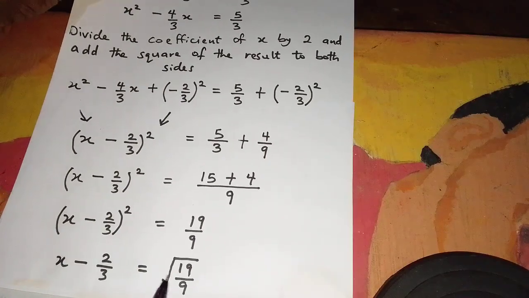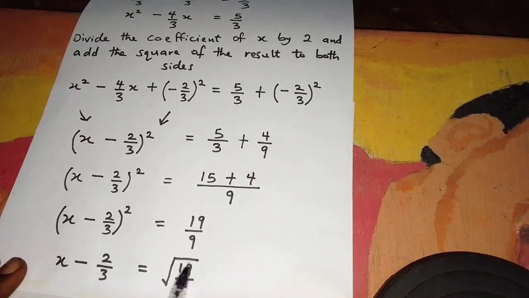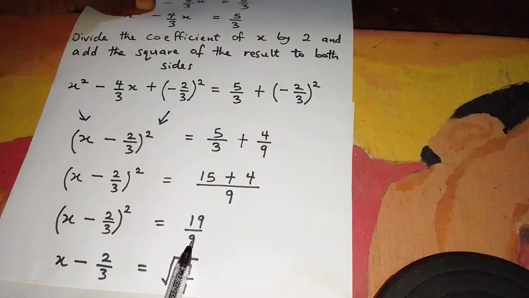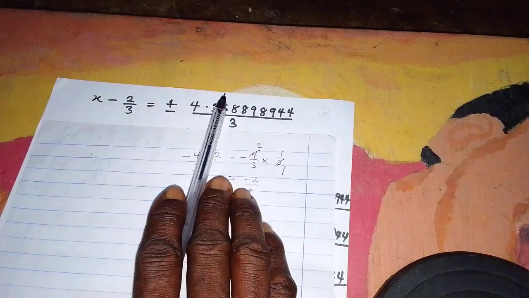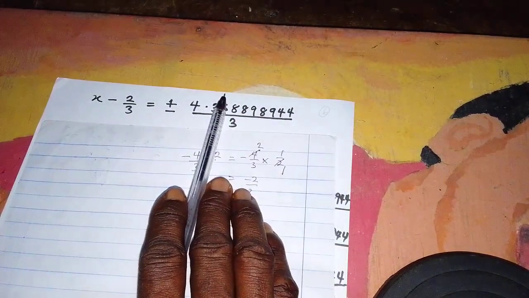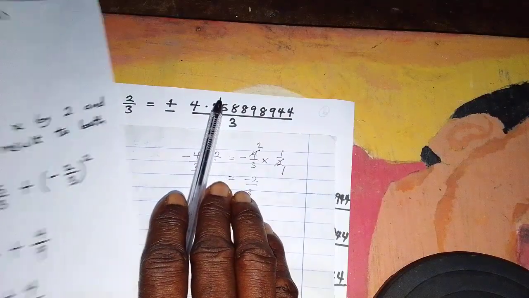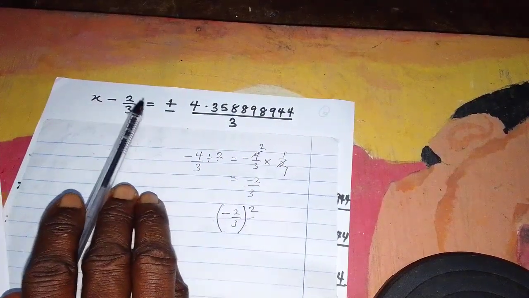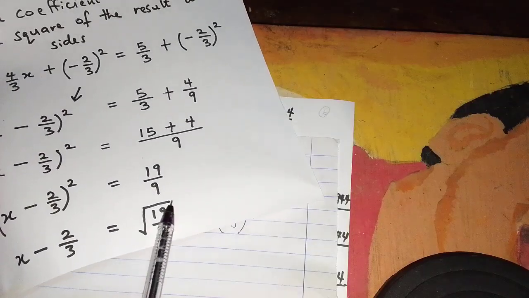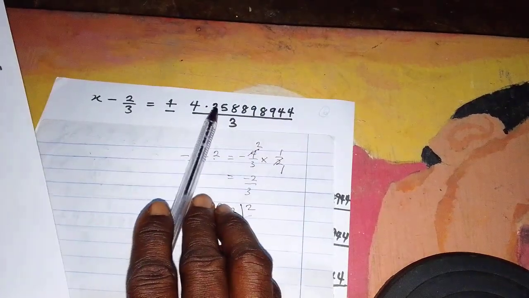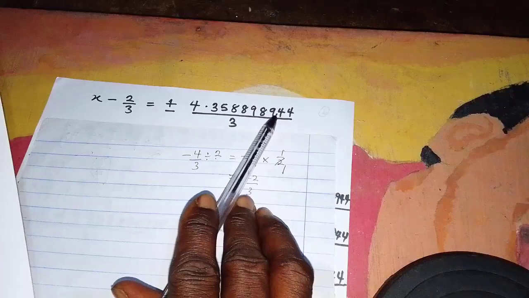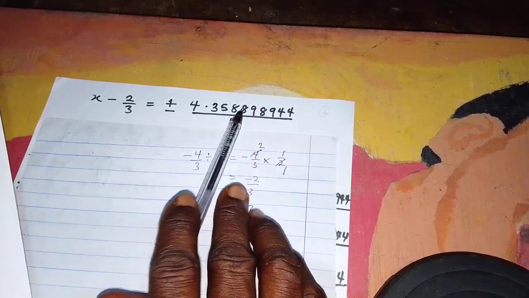You will now bring this square to the other side. So the square will now turn to what? The square root. You now have x minus 2 over 3 is equal to the square root of 19 over 9. So now, when you find the square root of 19, you get 4.358898944 when you press your calculator.